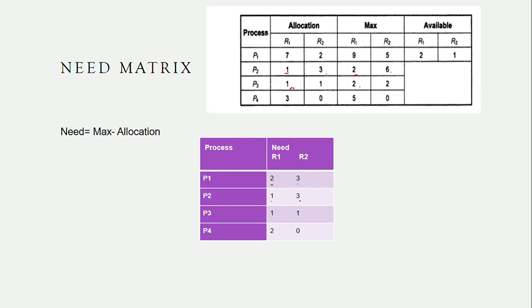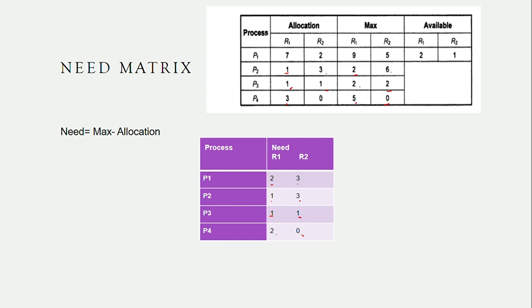So 2 minus 1 is 1, and 2 minus 1 is again 1. So that's the answer for P3. The requirement is 1, 1. For P4 the max is 5, 0 and the allocation is 3, 0. So 5 minus 3, so 2 is the requirement, and 0 minus 0 is a 0 requirement.